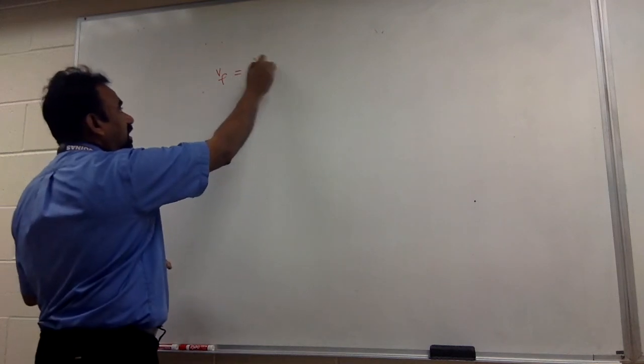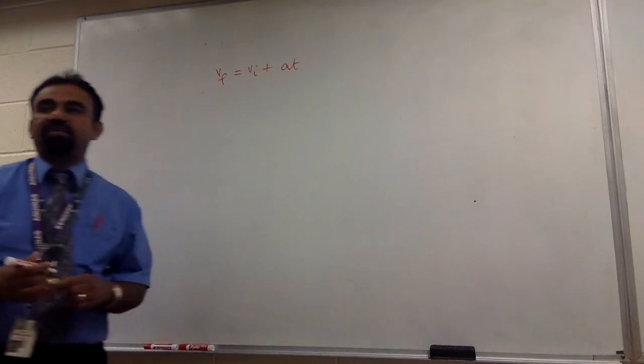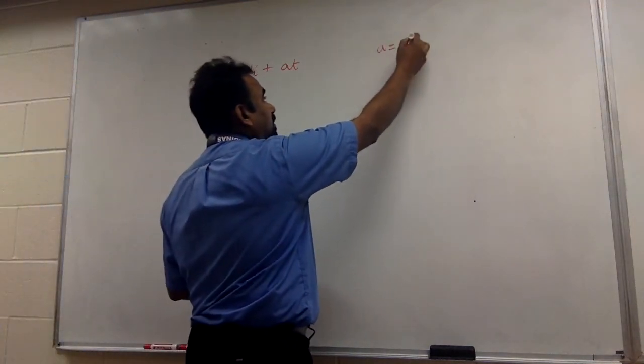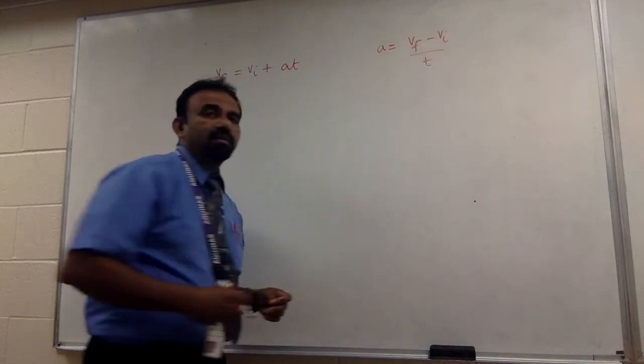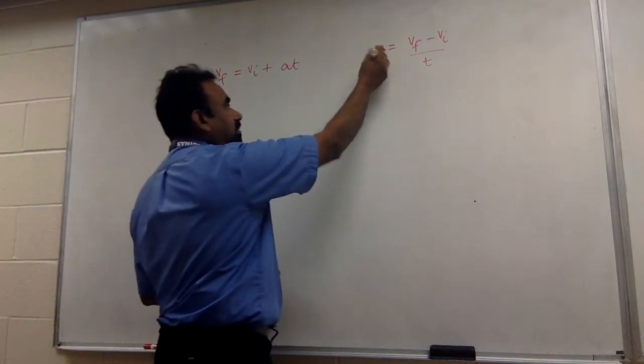Vf is equal to Vi plus At. That equation comes through the definition of acceleration. What is acceleration's definition? Vf minus Vi over time. This is the average acceleration.